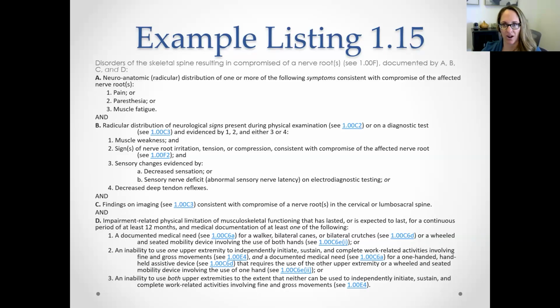So it has to be very well documented and very severe. And a judge or the lower levels at the agency aren't going to just take your word for it that you meet a listing. It has to be well documented in objective evidence through your medical records and your doctors, who explain and show through MRI and everything else and physical exam that you meet these listings. Okay.